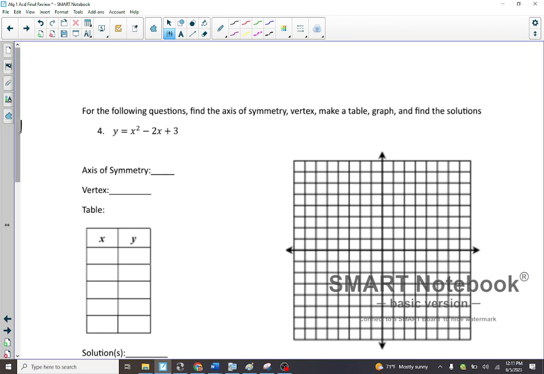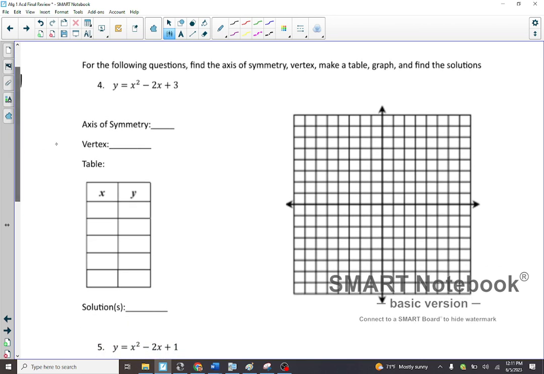Next one, graphing quadratics. So this one, y equals x squared minus 2x plus 3. We still follow the same process. A is 1, b is negative 2, c is positive 3. So in this case, it is negative b over 2a, which is negative negative 2 over 2 times 1.